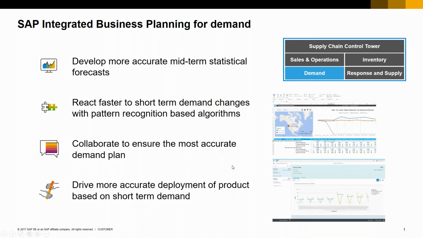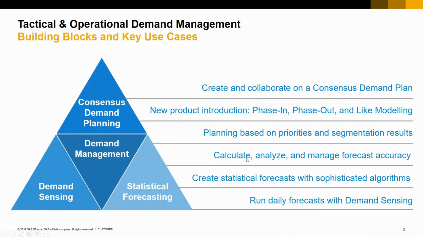If you look at the basic building blocks of functionality that we will look at in IBP for demand, fundamentally we want to be able to create and collaborate on a consensus demand plan. We want to have new product introduction functionality, things like phase-in and phase-out curves, like modeling to use for successor products.